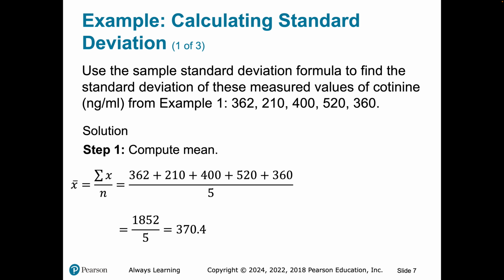So an example, we have some numbers here. I'm going to write these down real quick, and I would encourage you to as well. So we have 362, 210, 400, 520, and 360. The first thing we would do in calculating the standard deviation, if we calculated it by hand, which we'll never do, is find the mean, and you'll see the mean is 370.4. Notice that we use x-bar to represent that mean because this is sample data.